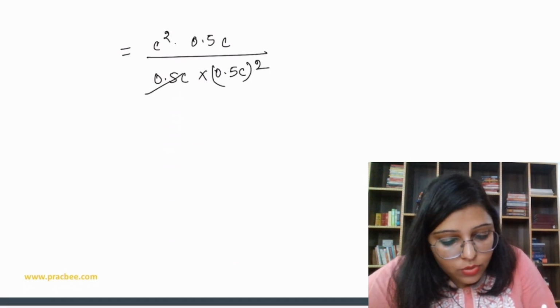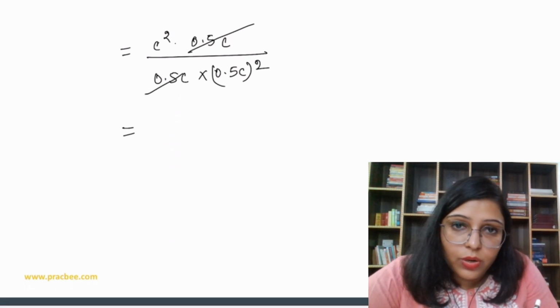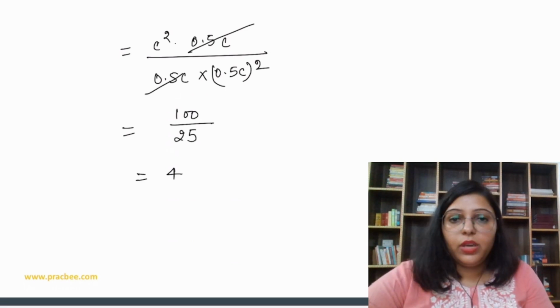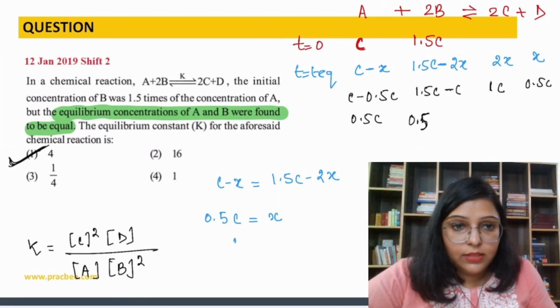So let's cancel out. Once you cancel out, you get 100 upon 25, which is equal to 4. So the answer is 4, option A.